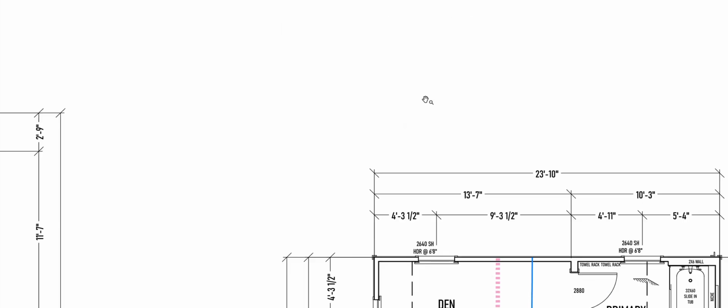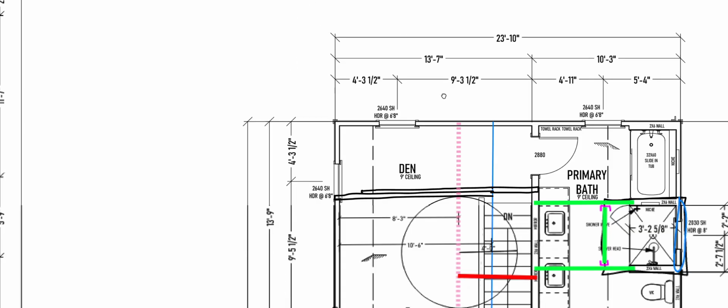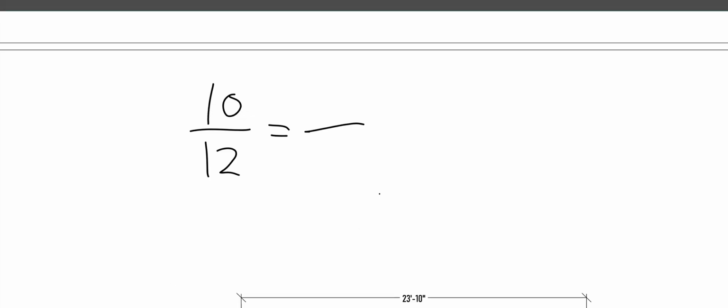I'm going at a 10-12 pitch. If I go 12 inches horizontally, I go 10 inches up. 8'3" is 8.25 feet.